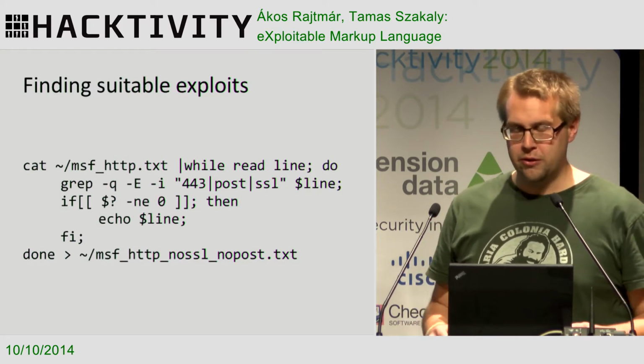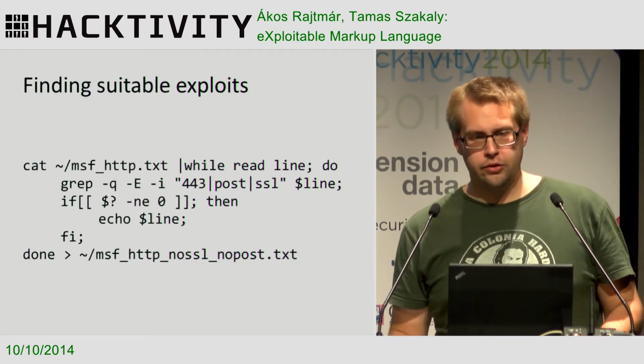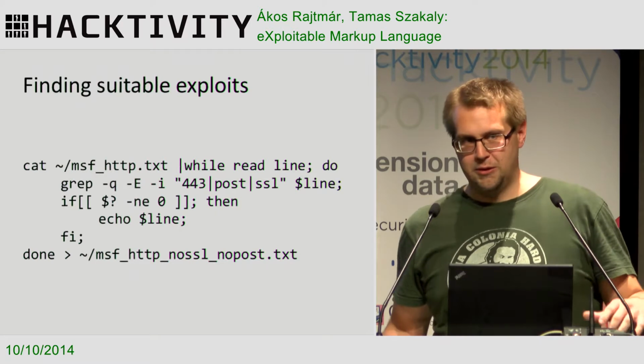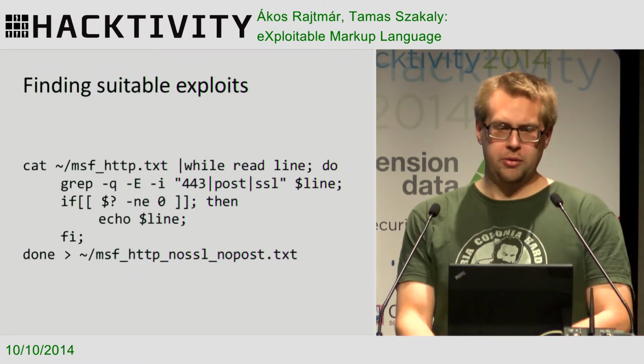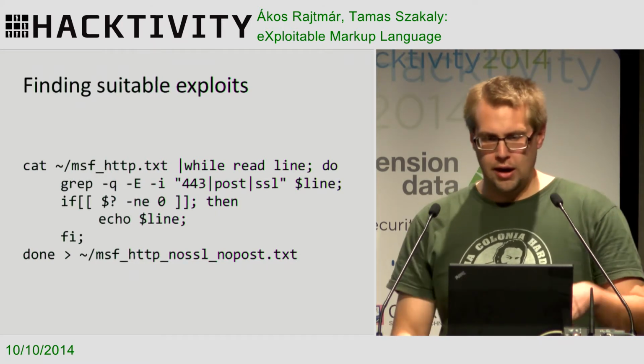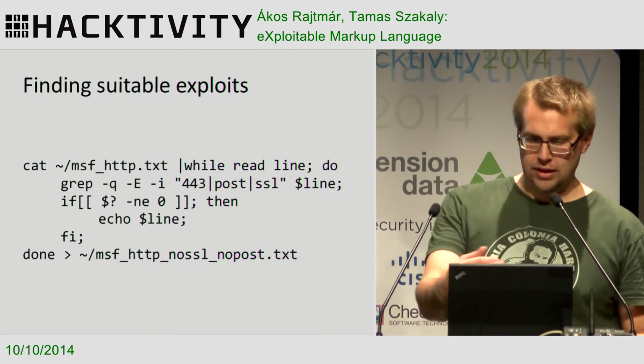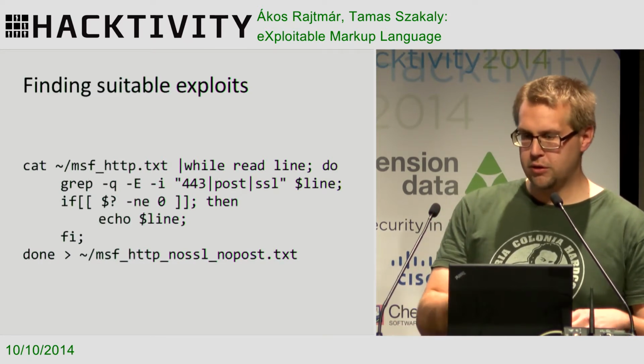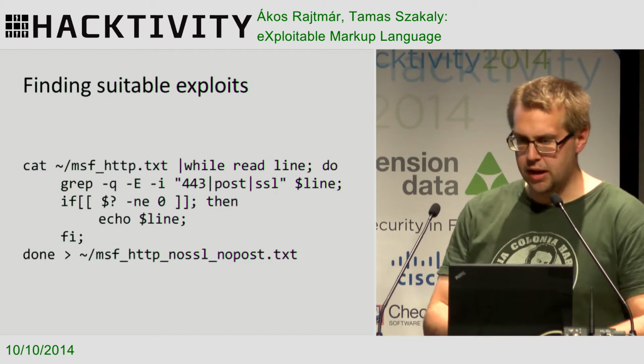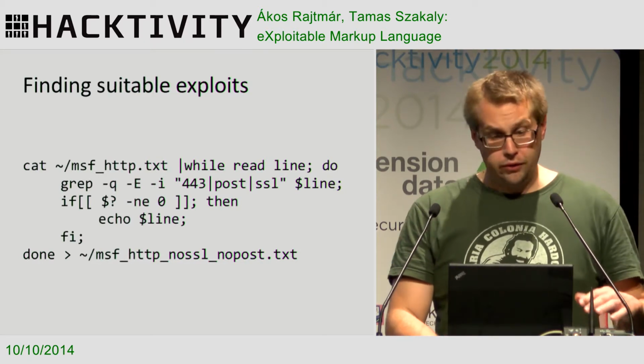We wanted to find out how successful we could be, so I picked the HTTP bits of an exploit database, and I filtered them to not use POST and SSL.